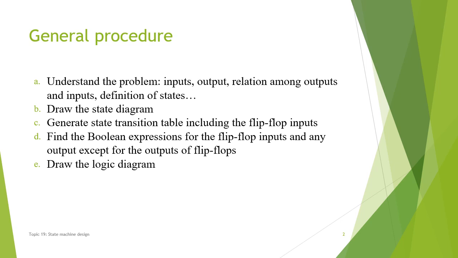Once we have a correct state diagram, we can generate the state transition table, including the flip-flop inputs. The one thing you need to be careful about here is that we are actually designing the flip-flop inputs, right? And we will use the flip-flop outputs as our input in this state transition table.